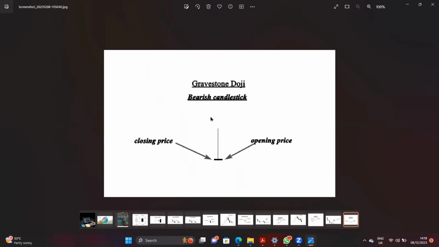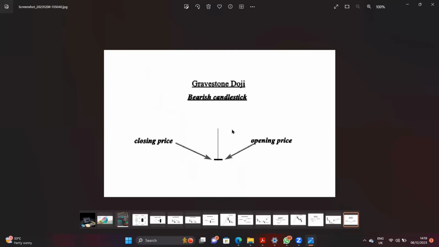We can also differentiate the gravestone doji from the dragonfly doji in that the longer tail is just a difference, right? So for the gravestone doji, we have the upper wick above, while for the dragonfly doji, the wick is below the close.